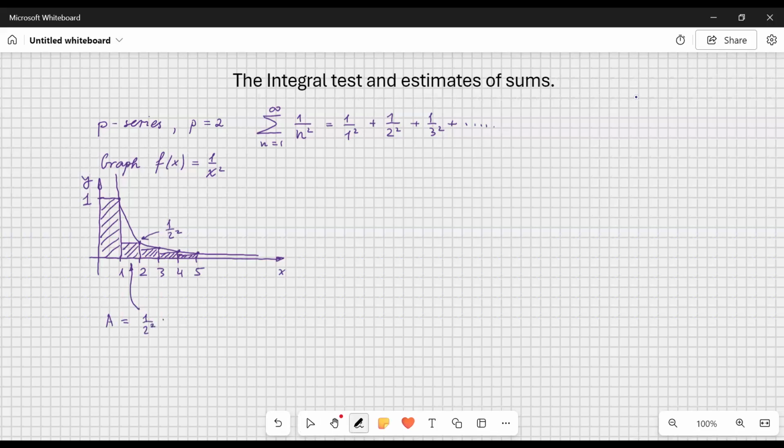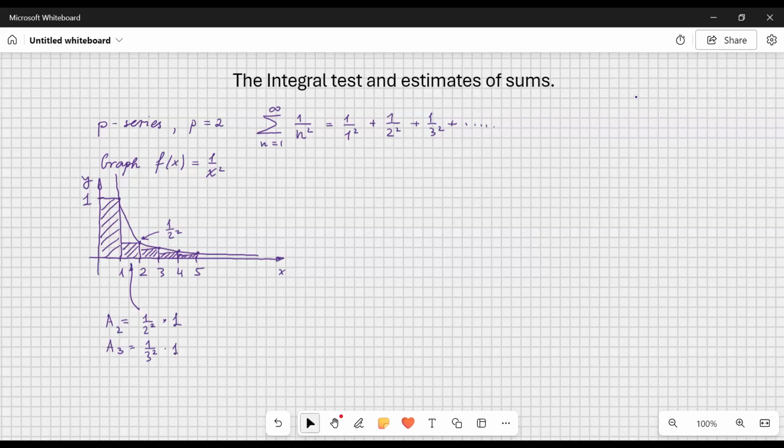And the width of the rectangle is going to be exactly 1 unit, right? All these rectangles are going to have a similar area. I'm going to label it area number 2. For example, area number 3 is going to be 1 over 3 squared multiplied by 1. Each rectangle is going to have the same width.